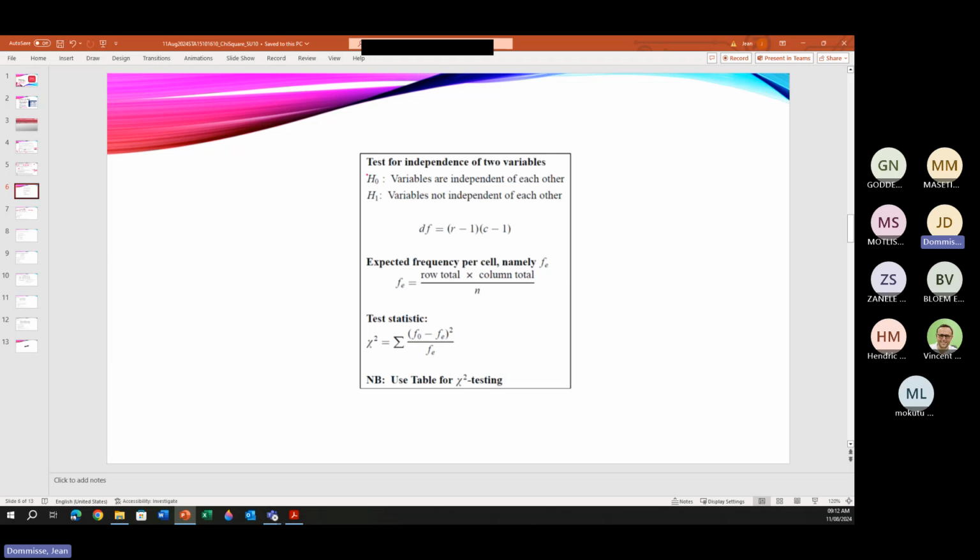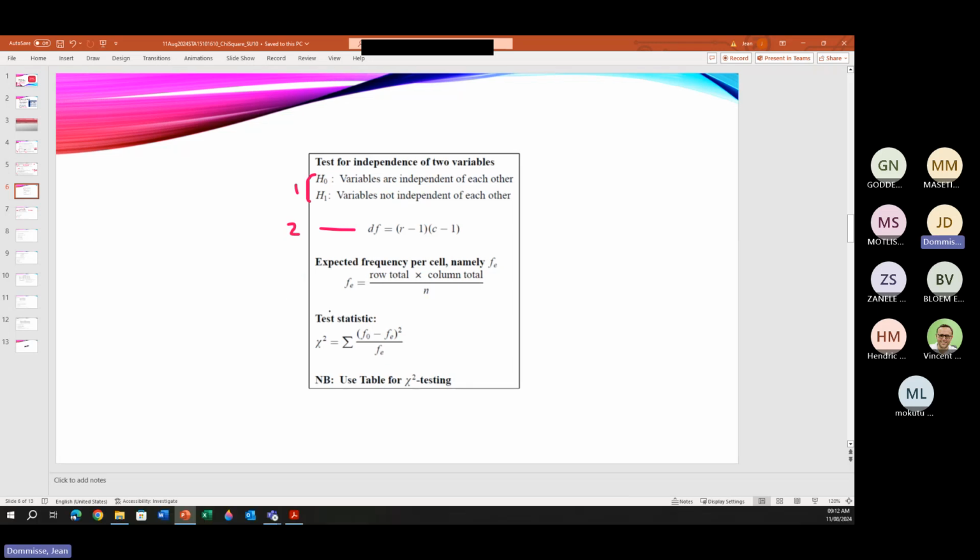So here's your step 1. There's your step 2. They will give us your alpha, so that's the step 3. Here is your step 4, and then lastly, you will need to make a choice.